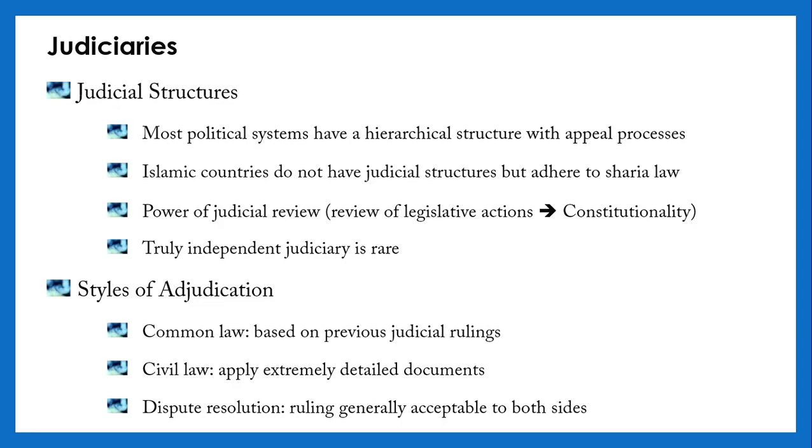There's a concept called judicial review. And so this looks at the constitutionality of laws and actions. And so, for example, in the US, we often talk about checks and balances. And so, for example, let's say Parliament or Congress passes a law that is blatantly unconstitutional. Here's an example.